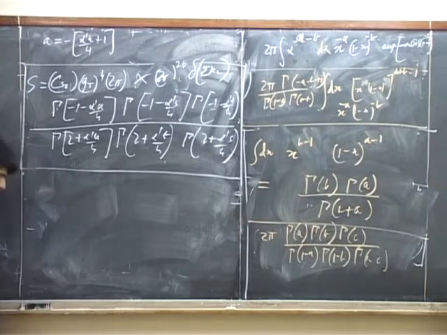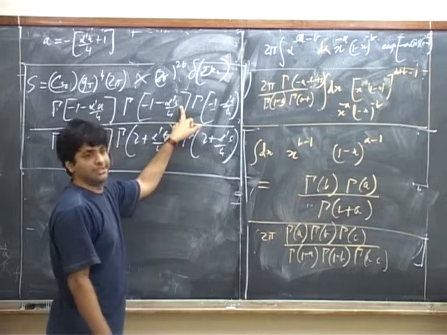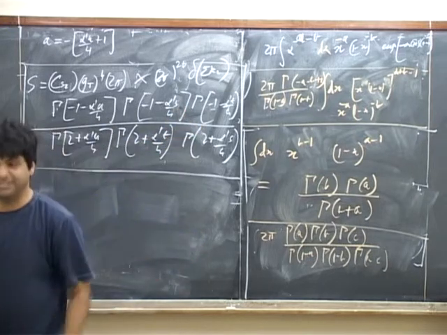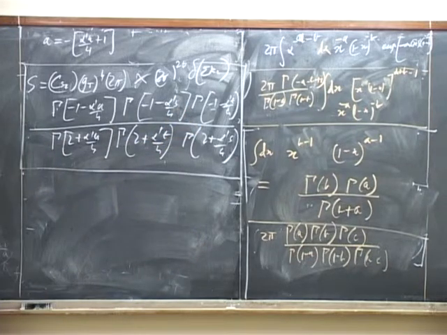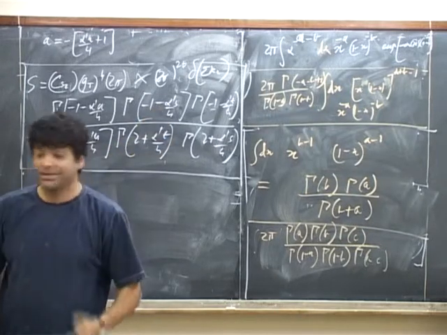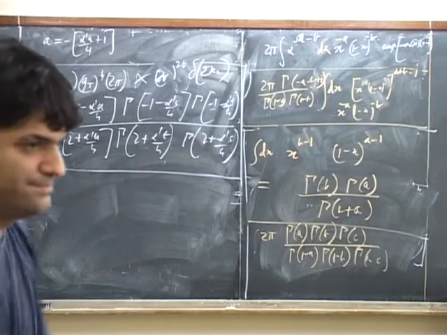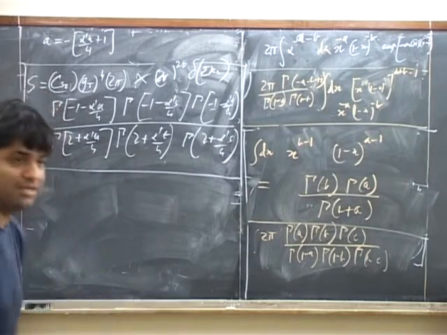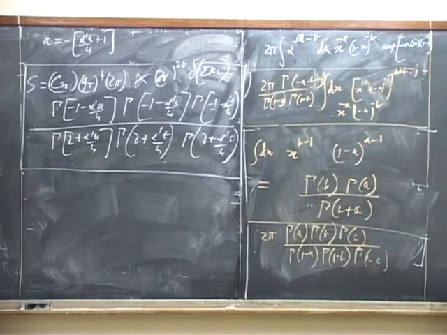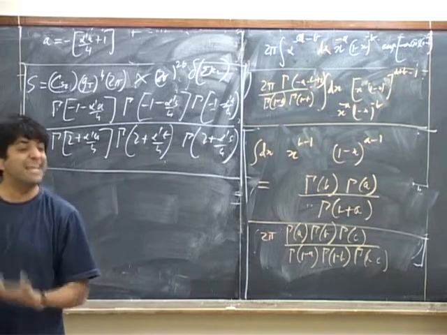Now s, the way we've done it, is something positive and gets increasingly positive as we go to higher and higher energies. Therefore, this gamma function here gets increasingly negative as we go to higher and higher energies. So we keep running into more and more poles. Gamma of a negative integer has a pole. So let's see what the lowest energy pole is.